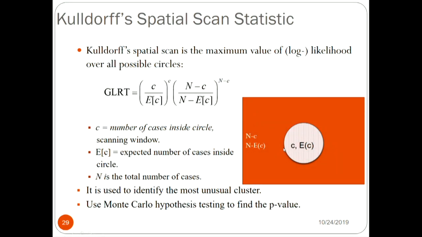The test statistic is the generalized likelihood ratio test. For each circle, we calculate this test statistic. Then we find the maximum of such test statistics over all circles, and use simulation to find the p-value. So that's the cutoff type spatial scan statistic.